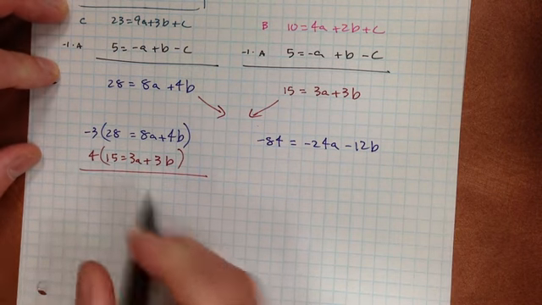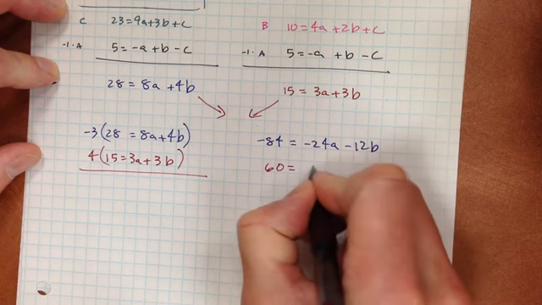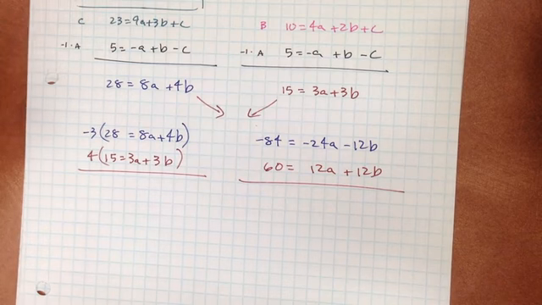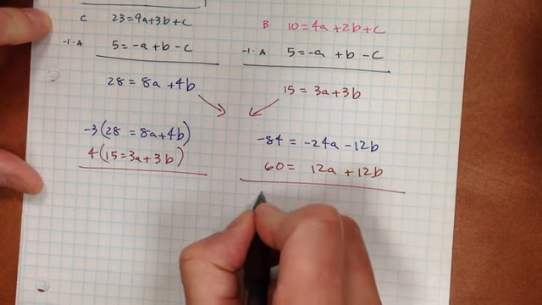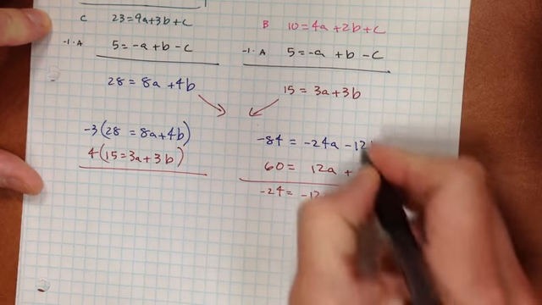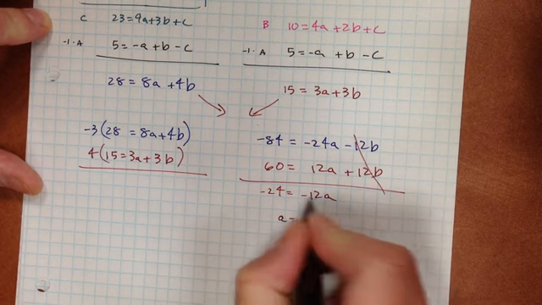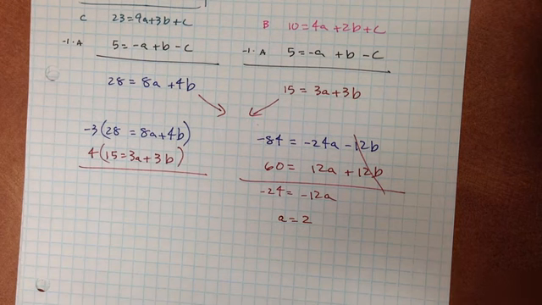Coming together with my maroon here, we get 60 equals 12a plus 12b. Combine these together, and I see -24 equals -12a. The b's are gone. We divide, and a equals 2. So we get an a value of 2 here.